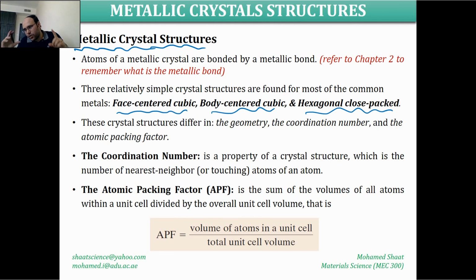The common types of crystal structures of metals are either face-centered cubic, known as FCC crystal structure, or body-centered cubic, known as BCC crystal structure, or hexagonal, which is HCP, hexagonal close-packed crystal structure. This is what will be discussed over the next videos. Make sense? And we're going to distinguish the difference between them in terms of properties and other quantities.